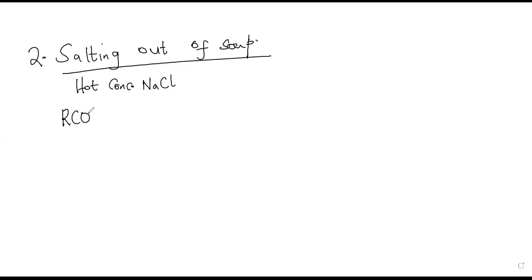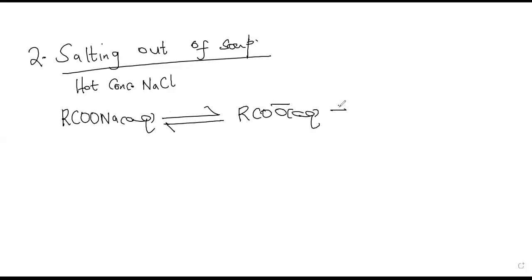So in its saturated form, soap exists in equilibrium. We shall form the carboxylate ions, and we shall also form sodium ions. This is how soap exists in equilibrium. This R stands for a long alkyl group chain.